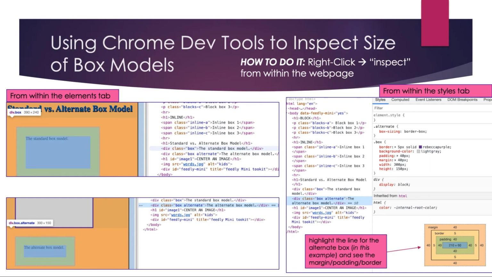If you go over to the Styles tab that I show you right here, you're able to actually see all the different sizes of the boxes. Again, you'll have to hover on the actual statement in your HTML code to the left, and then you'll be able to see all the sizes of your border, your margin, your padding, your actual content itself. So you can do all that stuff and really inspect some of this, not only for your own stuff, but also as a learning aid for somebody else's website.